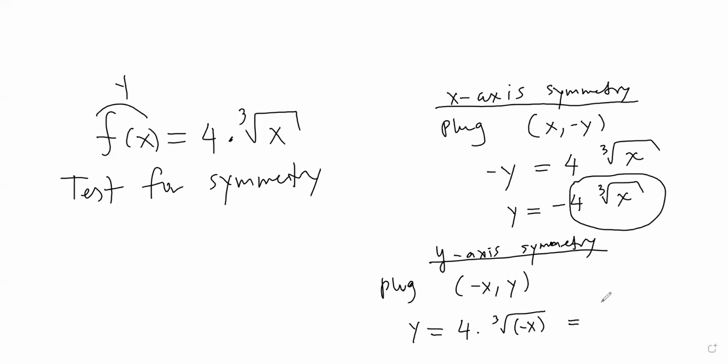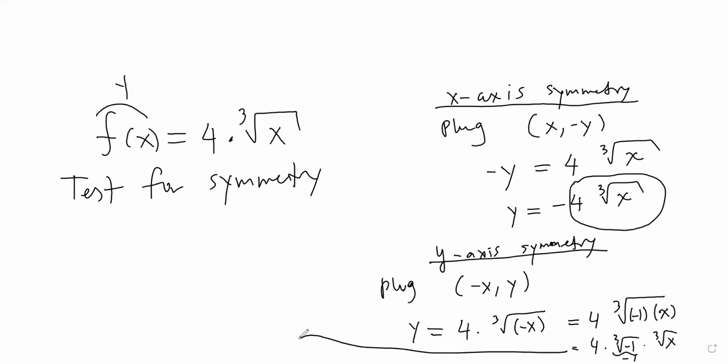But this will be the same as 4 times cube root of negative 1 times x, and you can write it like this, cube root of negative 1 times cube root of x, but this guy is negative 1. So again, this will just turn into y equal to negative 4 times cube root of x, and that's not the same as the original.